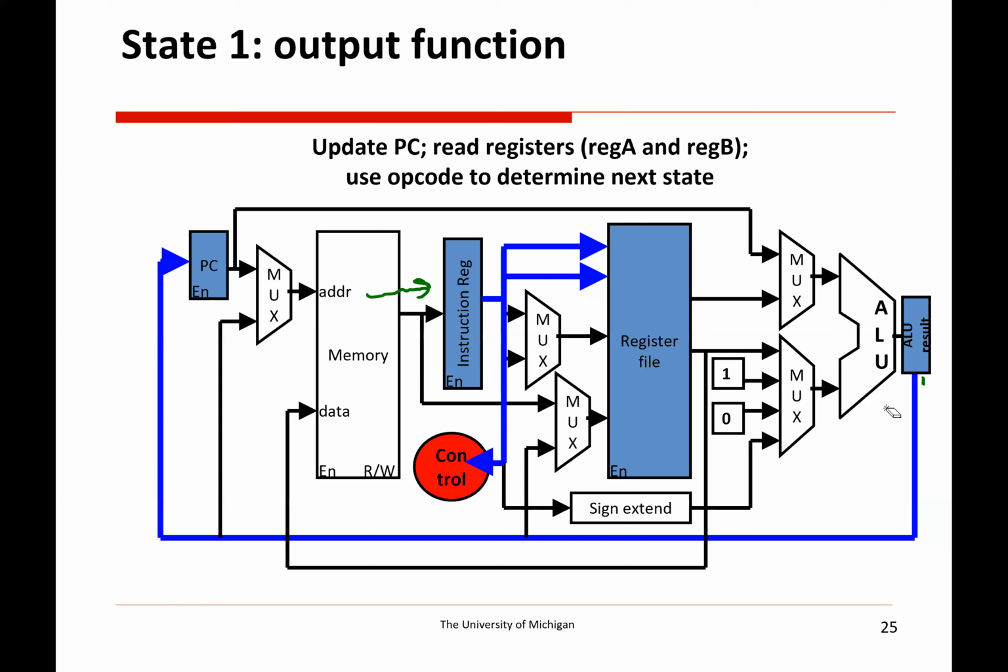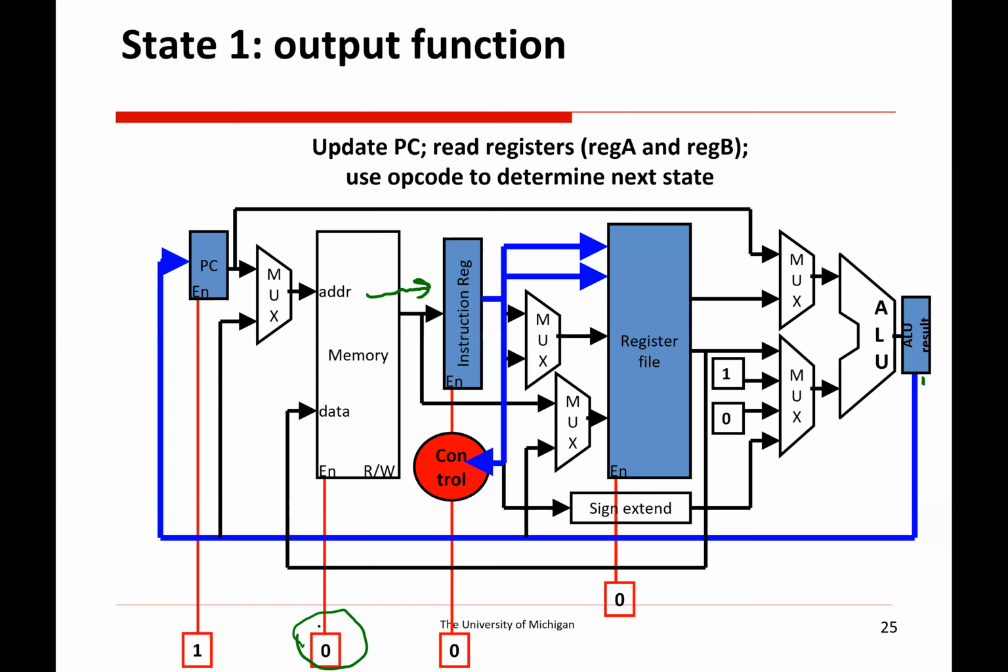So in order for this to work, I'm updating the PC, so I need to enable the PC to update. I am not updating the instruction register because I already loaded the instruction last cycle. So I want to hold on to that, and the way that I hold on to it is to disable it. I am reading something from memory this cycle, and the data will be available, but I'm not writing anything to memory.